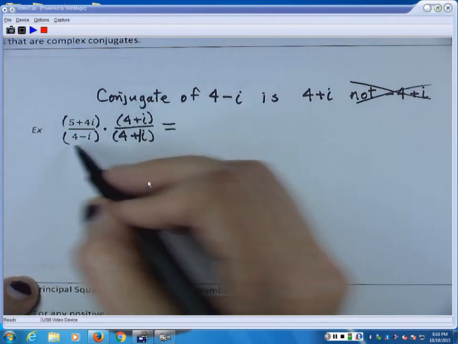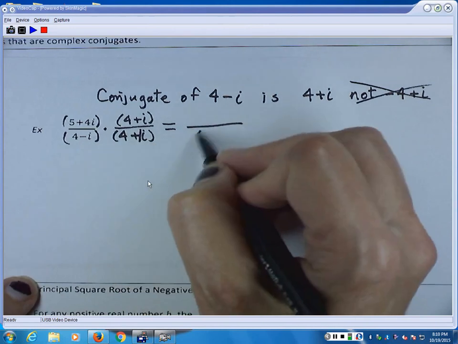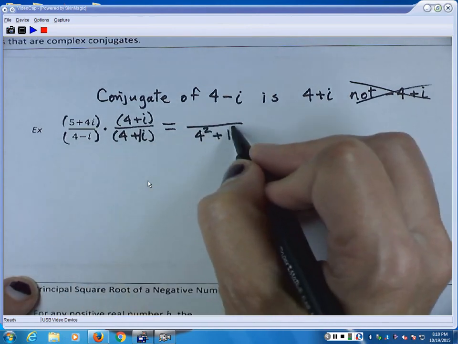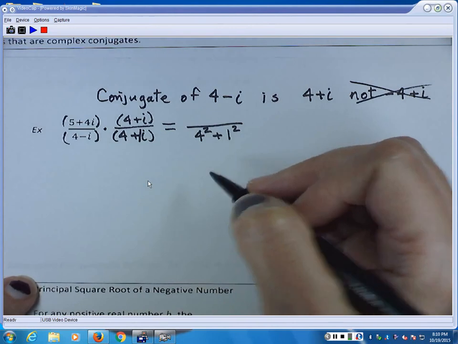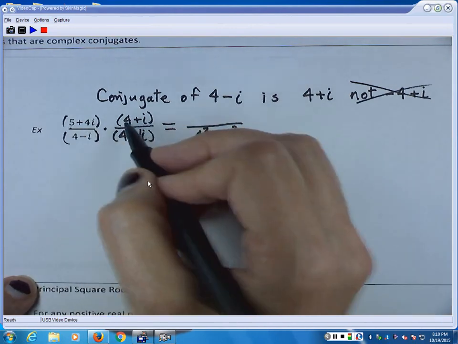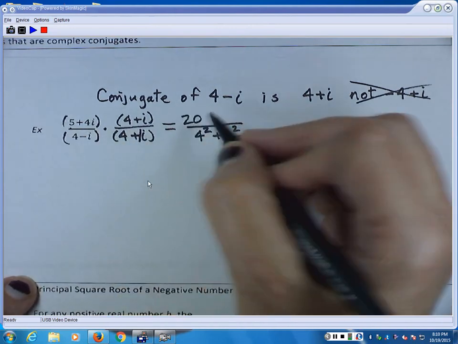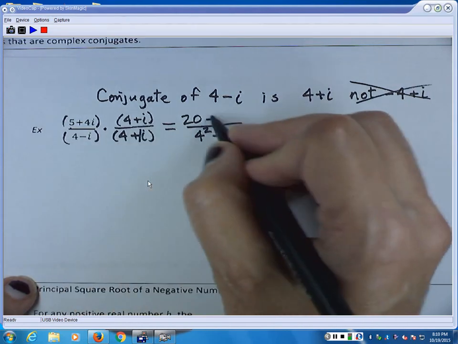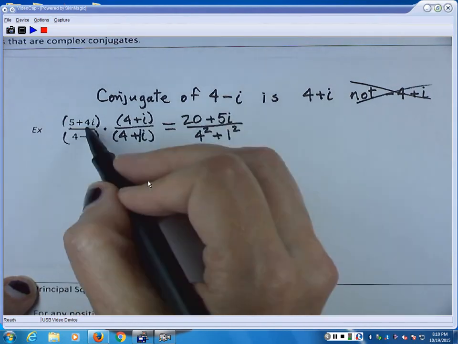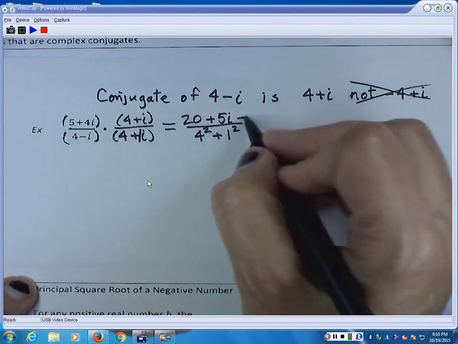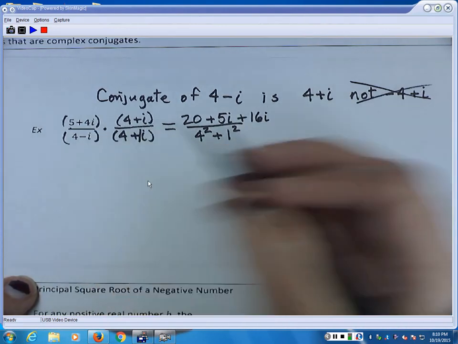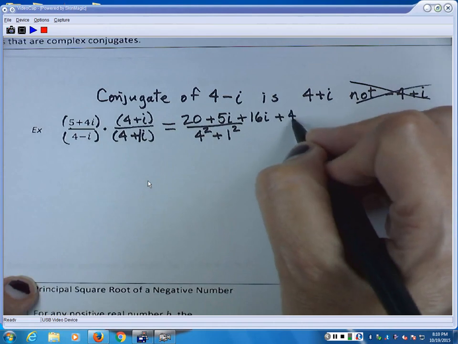So a is 4, so we're going to have 4 squared, and b is 1, so plus 1 squared. Now you do 5 times 4 is 20. 5 times i is plus 5i. 4i times 4 is 16i. And 4i times i is plus 4i squared.